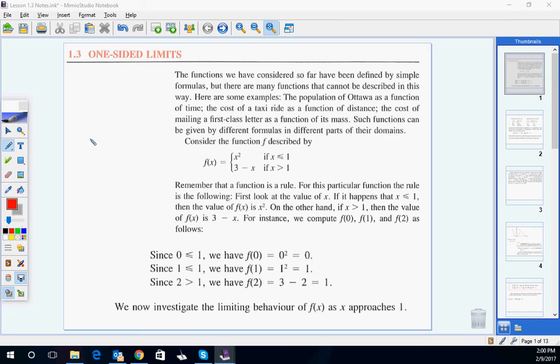So I have to switch where I plug it in. This tells me where my x's go. Any x less than or equal to 1, I plug into the top one. Any x bigger than 1, I plug into the bottom one.